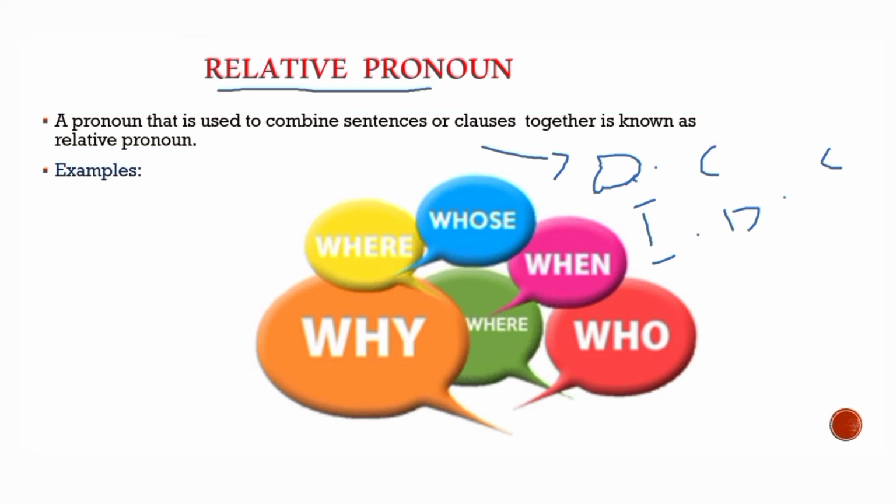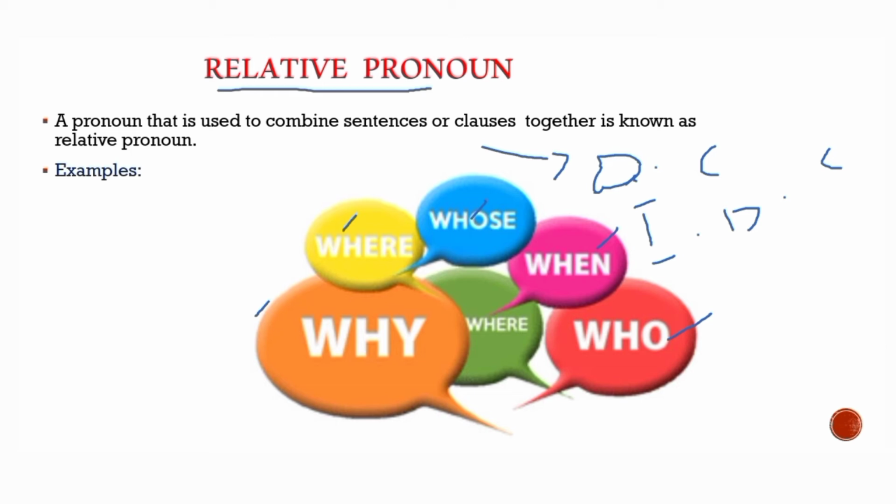Relative pronoun is used to introduce a relative clause, which means a clause that starts with the relative pronoun like who, when, whose, where, and why. So these are the examples of relative pronoun.